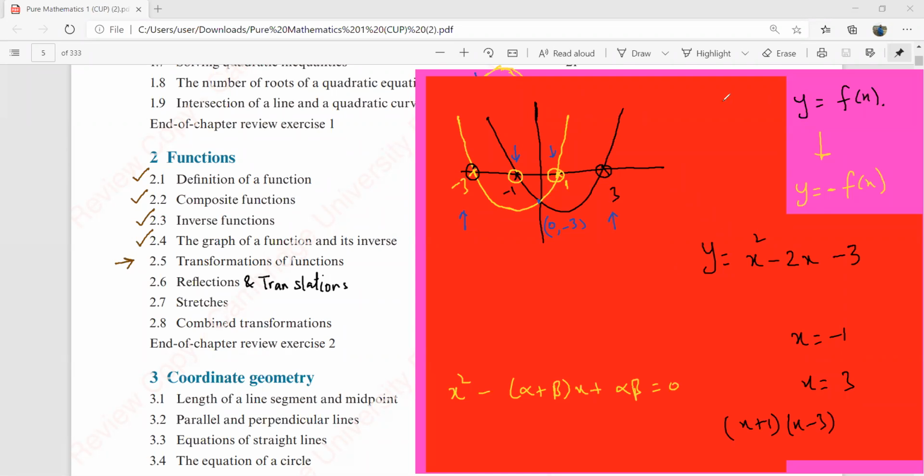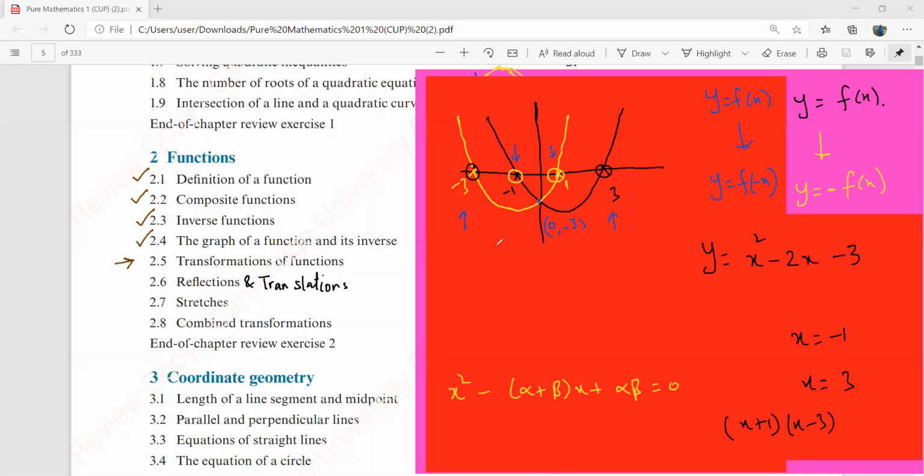I should write here that if you have y equal to f of x and you reflect this in the y-axis, the equation of the new graph, new function, is going to be y equal to f of minus x.